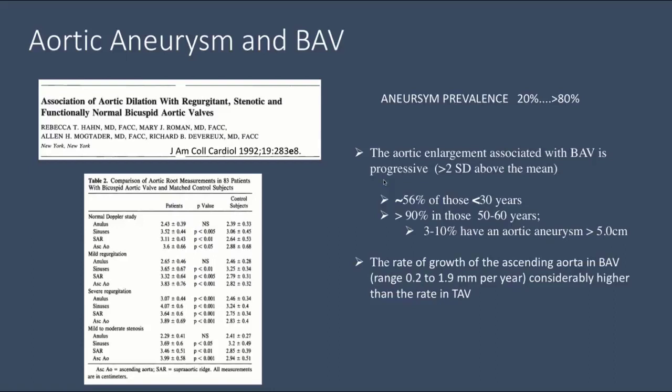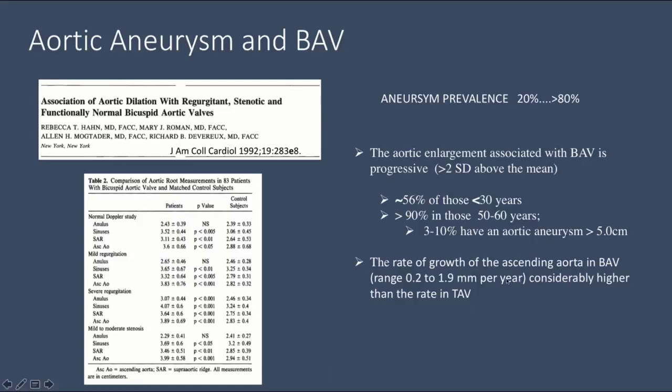If you define aortic enlargement as being over 2 standard deviations above the norm, then over 50% of those individuals, less than 30, will be diagnosed with aortic enlargement. And by the time an individual with BAV is 50 or 60, they have a 90% chance of having aortic enlargement. Up to 10% have aortic aneurysms over 5 centimeters.